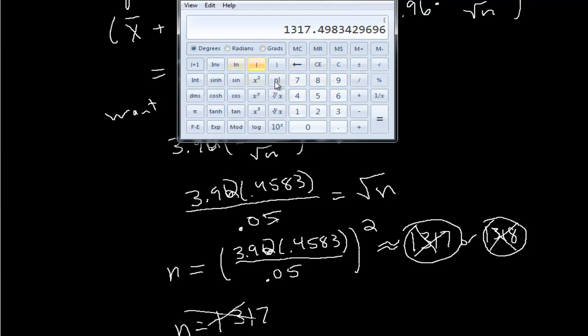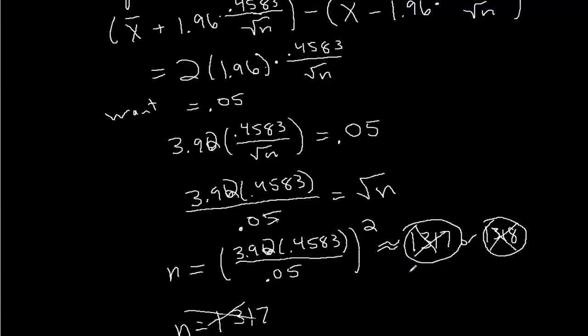So I have 3.92 times 0.4583 divided by 0.05. Then we square that. And there we go, we get 1291. Okay, so that should be 1291. Sorry about that.